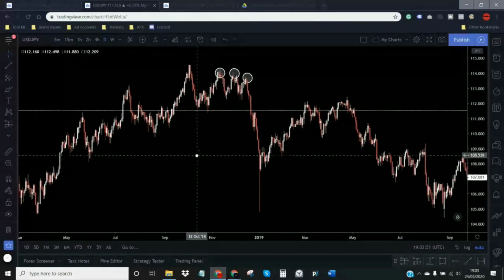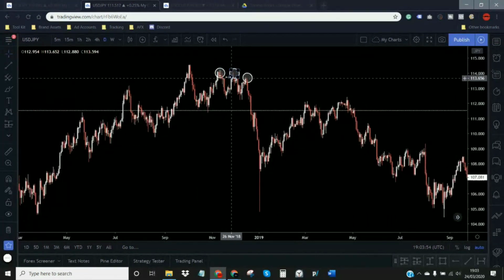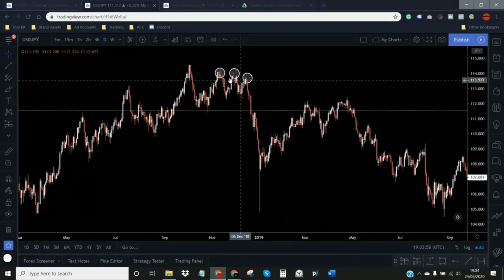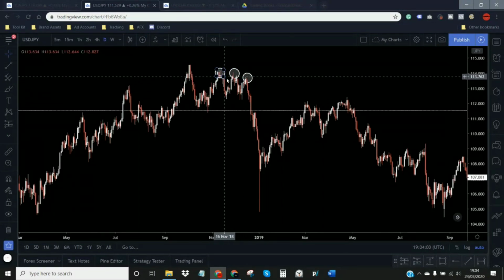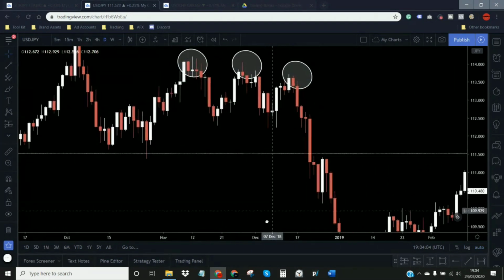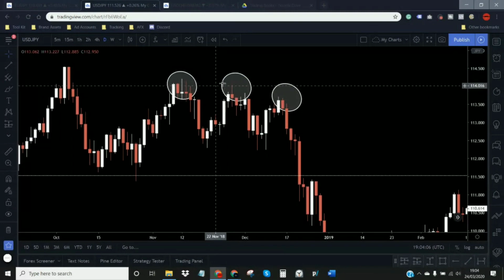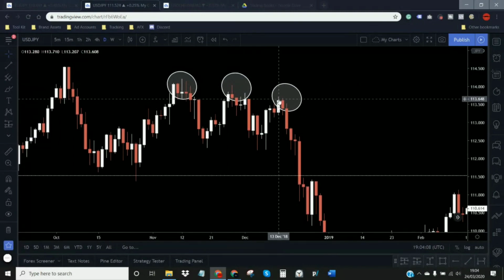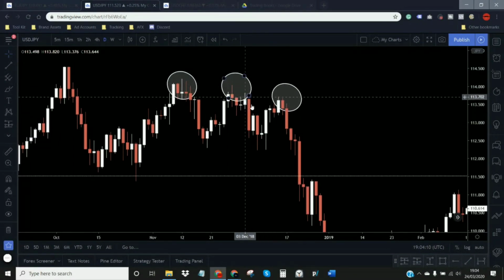Okay, so here we are on the USD Yen. Again, the same structure on the daily charts, right? 3 swing highs, and as we can see, we've got this high at the same level. Let's just zoom in a little bit more. We've got this high reaching the same level, and the 3rd high slightly lower. But what's this high gone into?